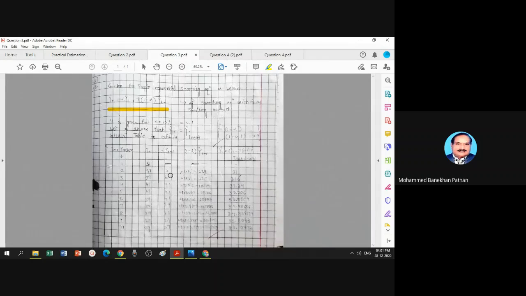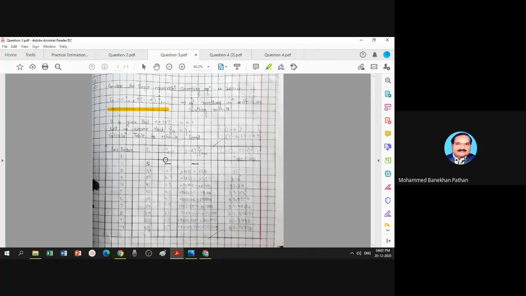And now I multiply alpha with y t minus 1. This is your first quantity in the equation. Alpha is known to be 0.1, y t minus 1. If t is 1, 1 minus 1 is 0. We don't have y0 with us.